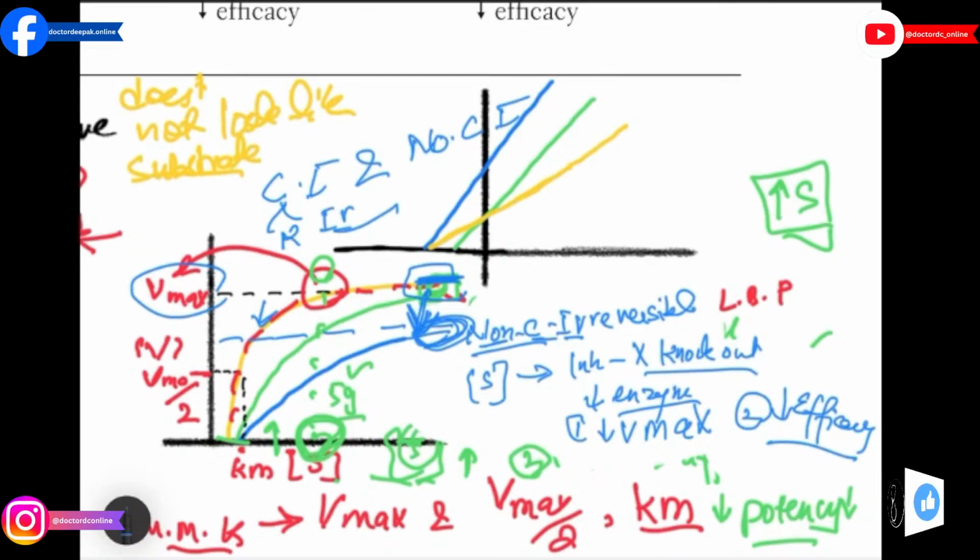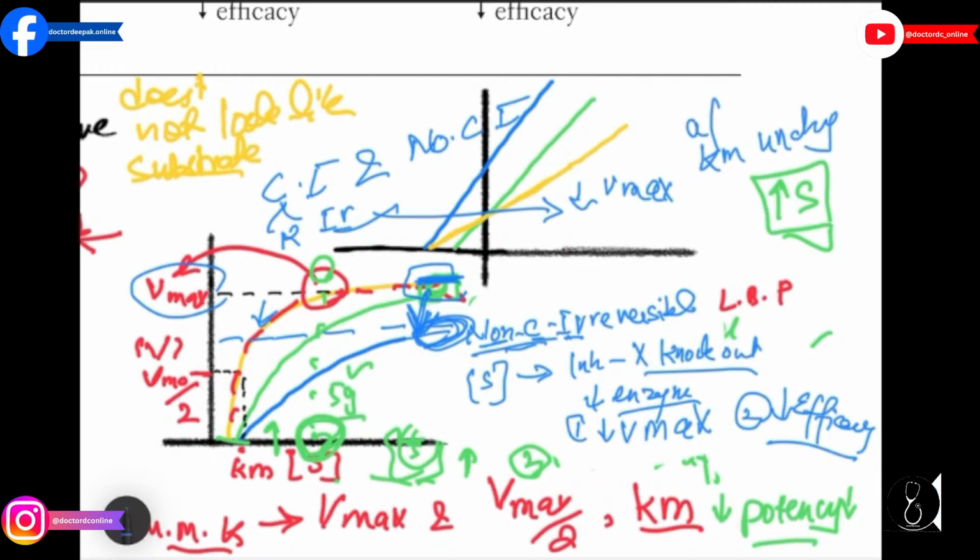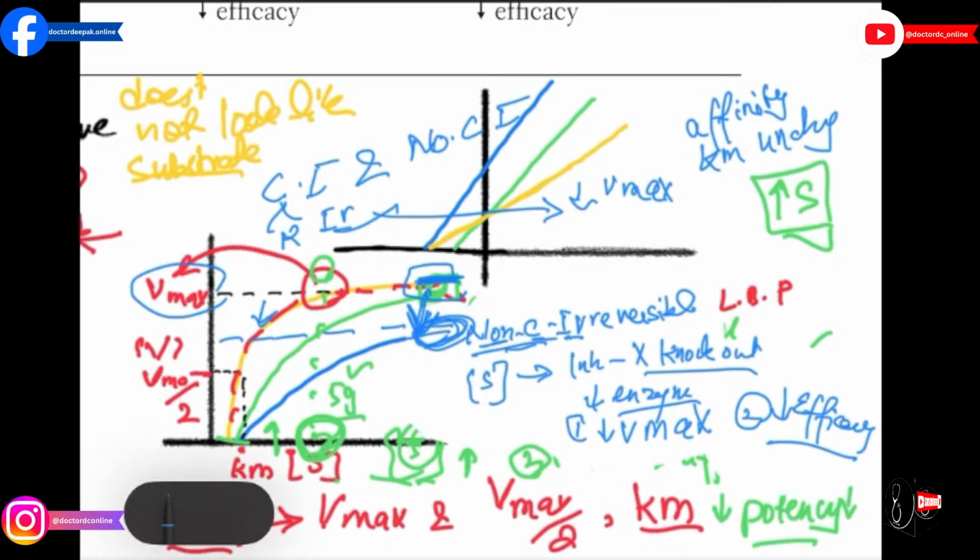The irreversible has the same things that we thought about non-competitive inhibitors. The irreversible also decreases the Vmax. The Km will be unchanged. Affinity will be unchanged. Fine?